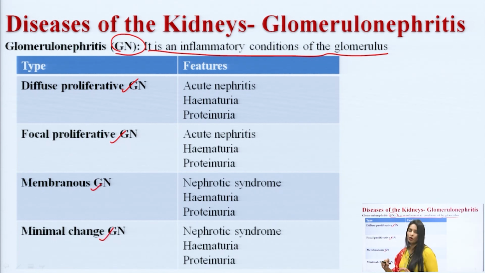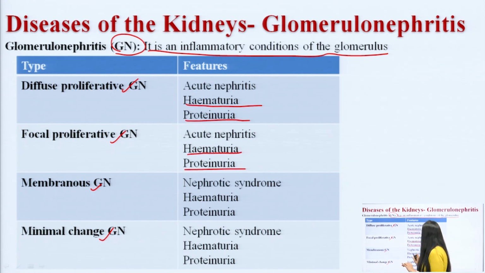So beta हर glomerulonephritis में common features हैं hematuria, proteinuria. These are all the common features of glomerulonephritis. If excess protein is eliminated in the urine, if you are seeing excess protein in the urine, you can call it proteinuria.